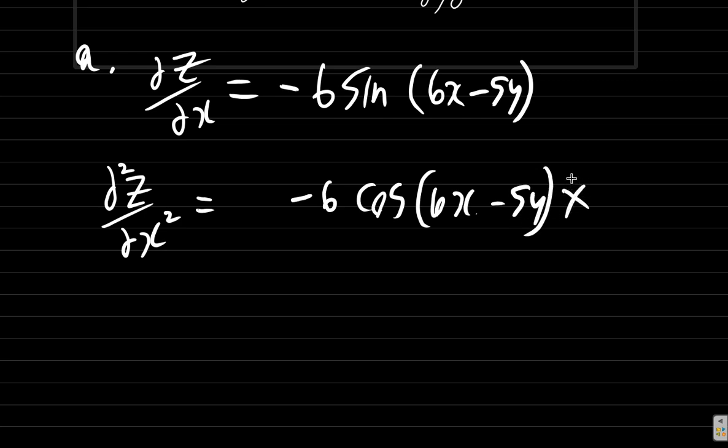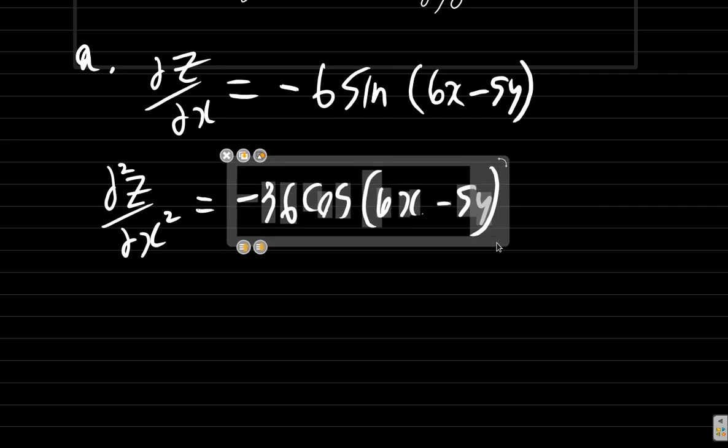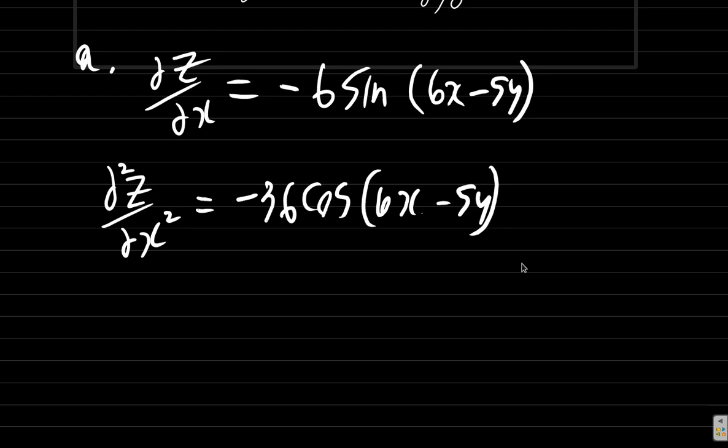Then multiply by the derivative of the inside function with respect to x. You get 6, and you multiply this 6. Now what do you get when you do that? 6 times 6 is 36. So that's what you have there: negative 36 cos 6x minus 5y. Alright? That was B.